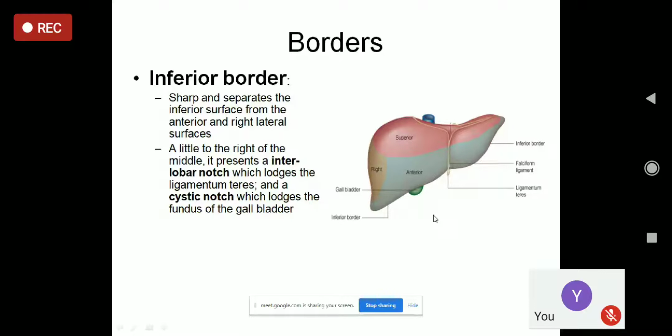So in viva or MCQ, if asked in which border of the liver there is a groove for the ligamentum teres or for the gallbladder, you have to say inferior border. Two important things to see here: the groove for ligamentum teres and the groove for the gallbladder.